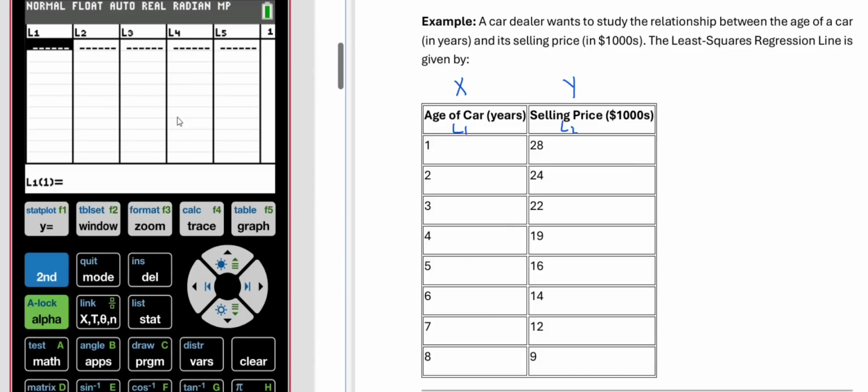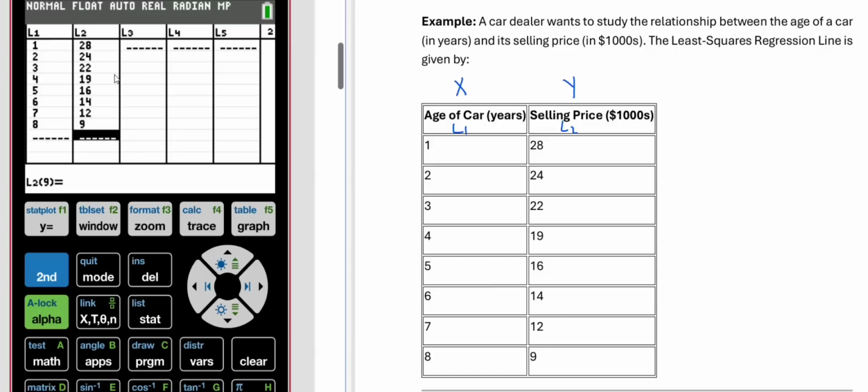Here we have L1 to be 1, 2, 3, 4, 5, 6, 7, and 8. And for L2, we have 28, 24, 22, 19, 16, 14, 12, and 9.